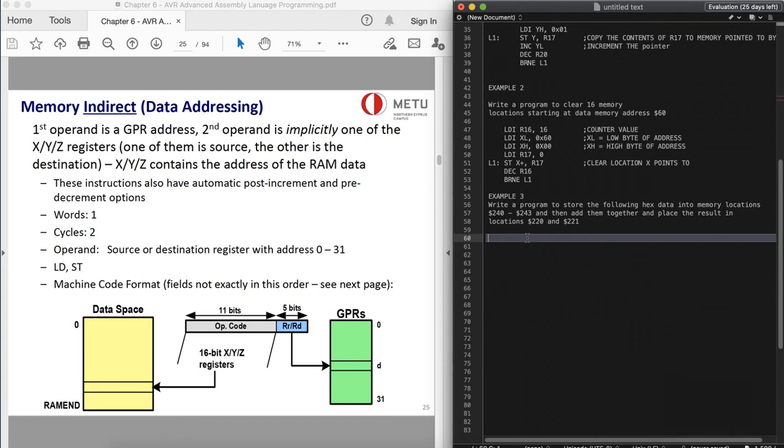So I'll give you the hex values in these locations. So 240 is 7D. I'm just assuming these values. 241 is EB.